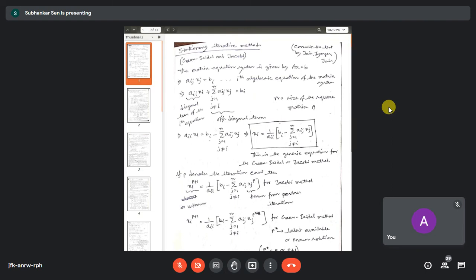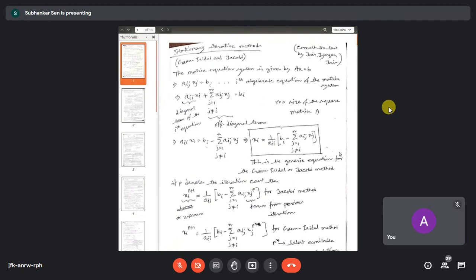methods we have shown, and we have told that these are the stationary iterative methods, where we just shift all the quantities in the right hand side except the diagonal term. So coefficient of Scarborough condition, that is a necessary condition.